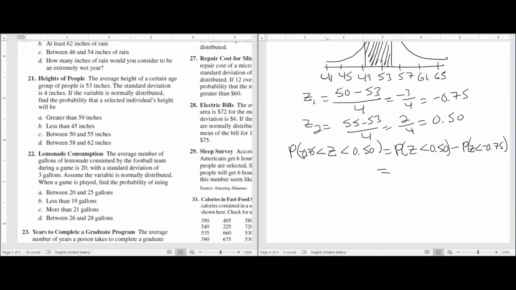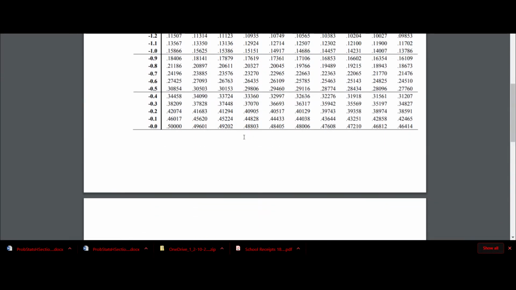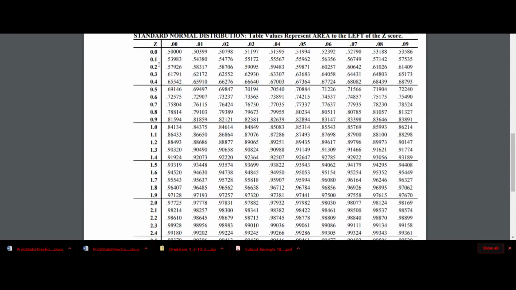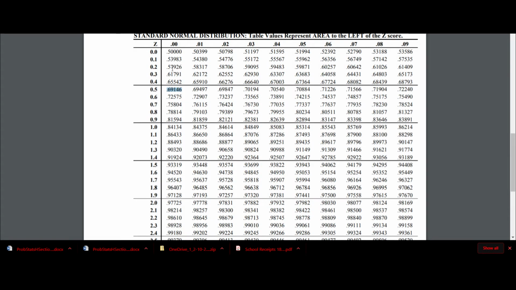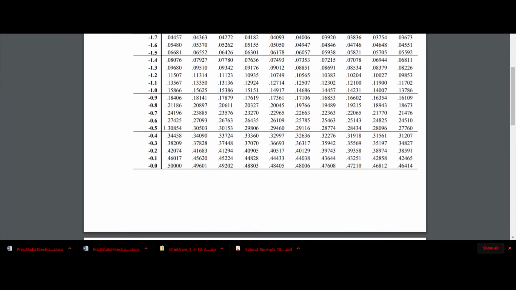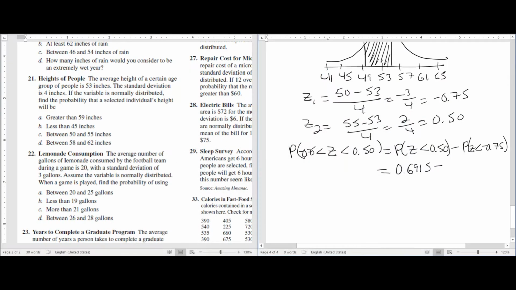So we're going to look up 0.50 first. So 0.50 is 0.6915. Now negative 0.75. This is negative 0.75: 0.2266.